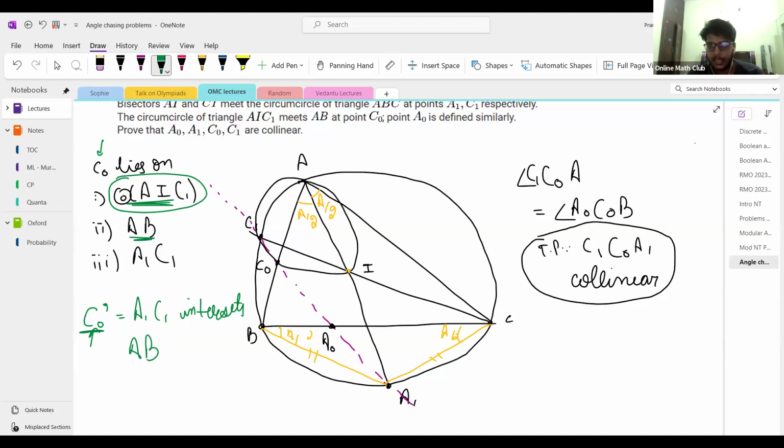That will solve my problem if I prove that the intersection of these two lines lies on this circle. So is everyone clear with the idea of what we will try to do?